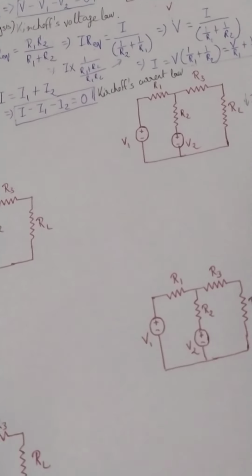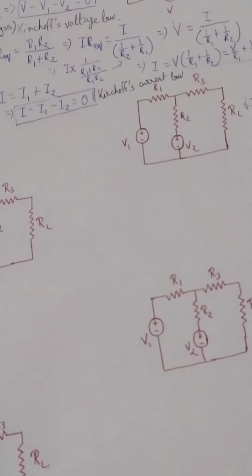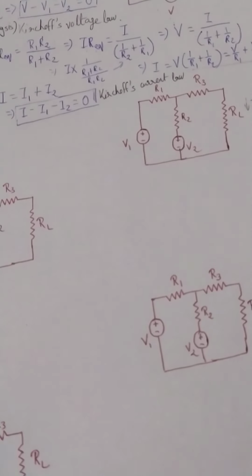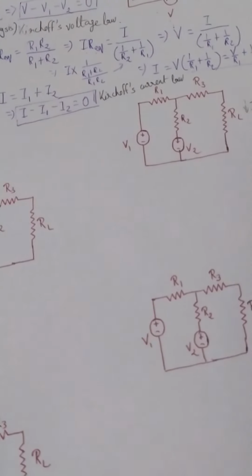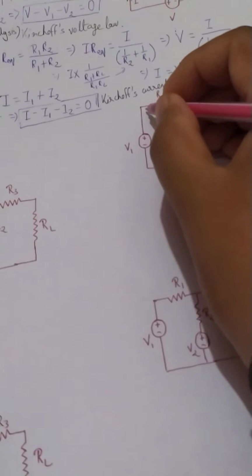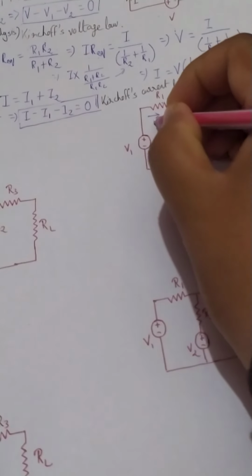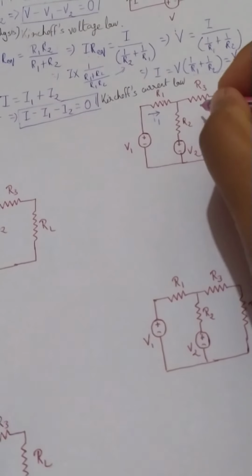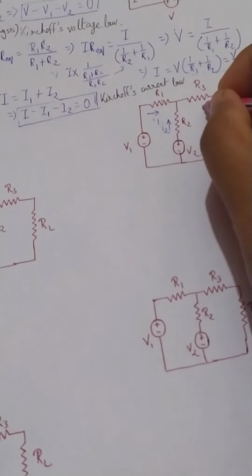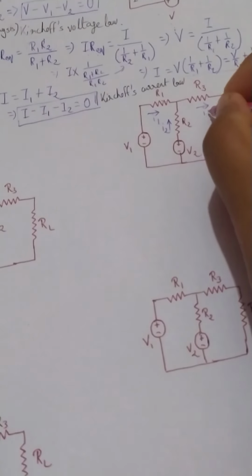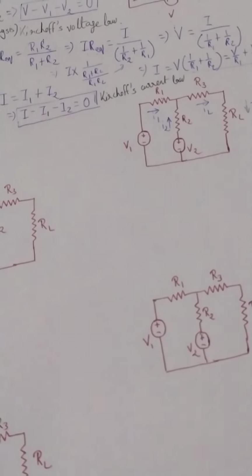In the case of Kirchhoff's current law, what we need to do is decide the direction of the current. So let me assume this is I1, this is I2, and this is IL. This is the first thing.